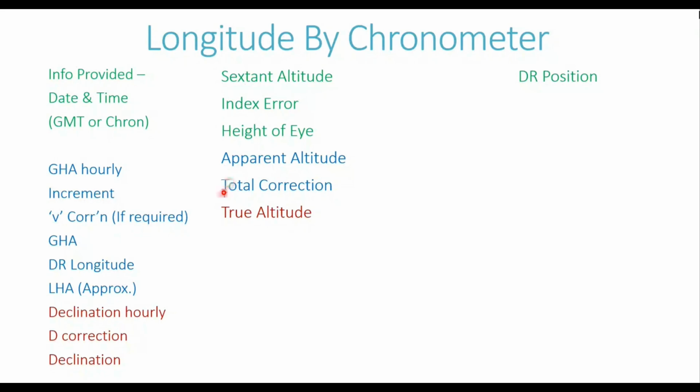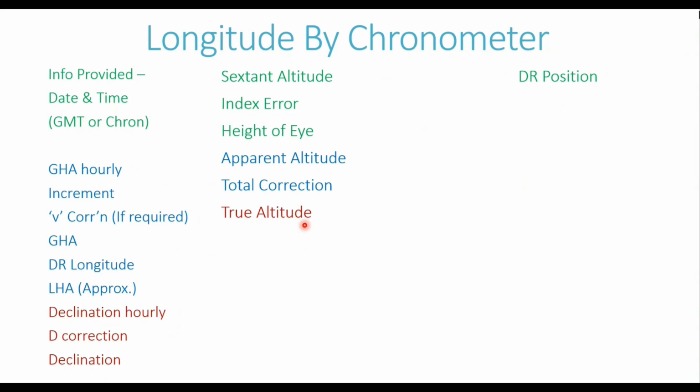With the apparent altitude, we can now enter into the almanac and obtain the total correction for the body. We are familiar with the total correction table of sun, stars and planet as well as moon. So we apply the total correction to the apparent altitude, and once applied, it gives us the true altitude of the body.